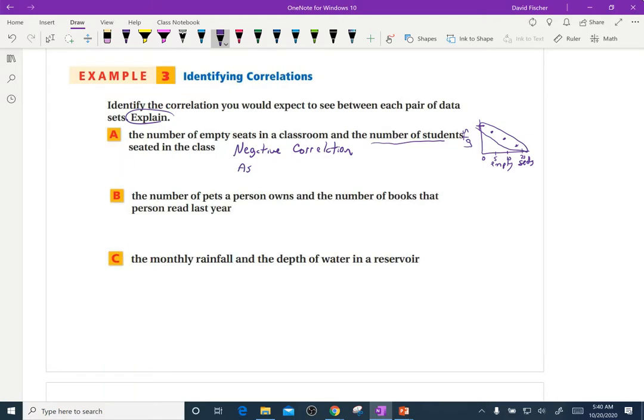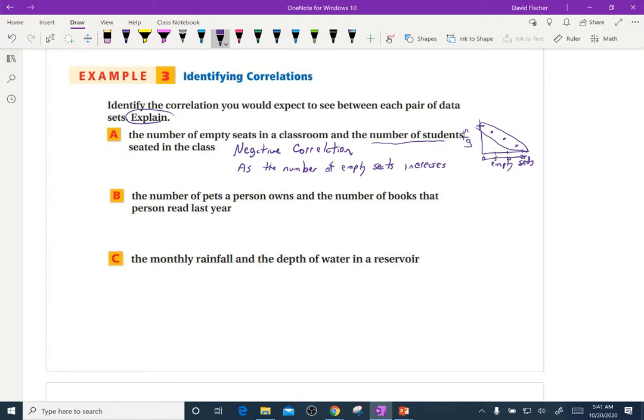So we want to say as the number of empty seats increases. So here's my empty seats.